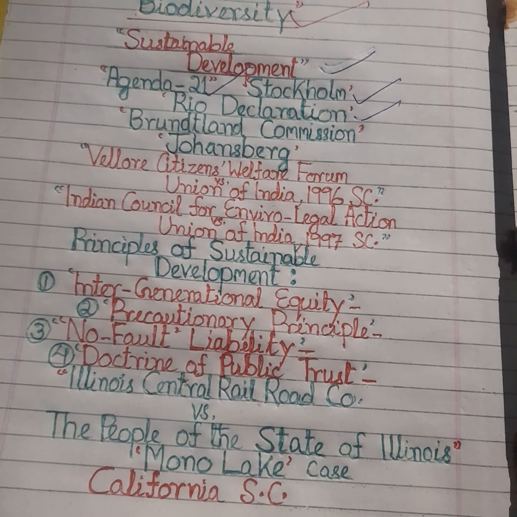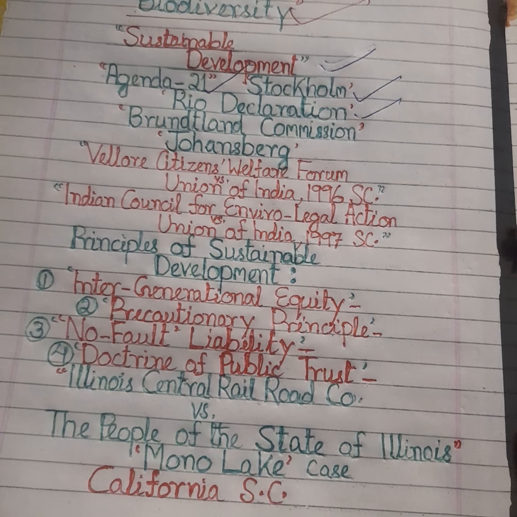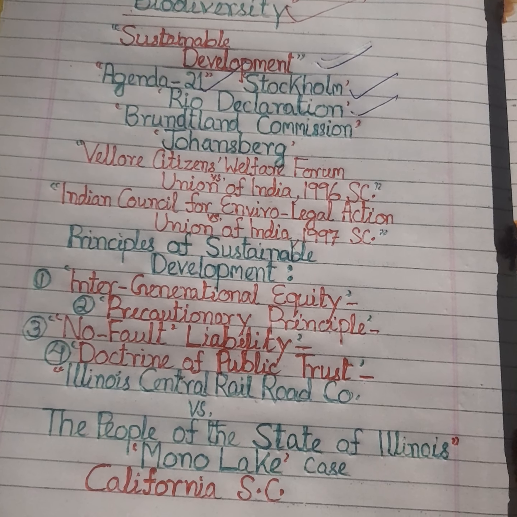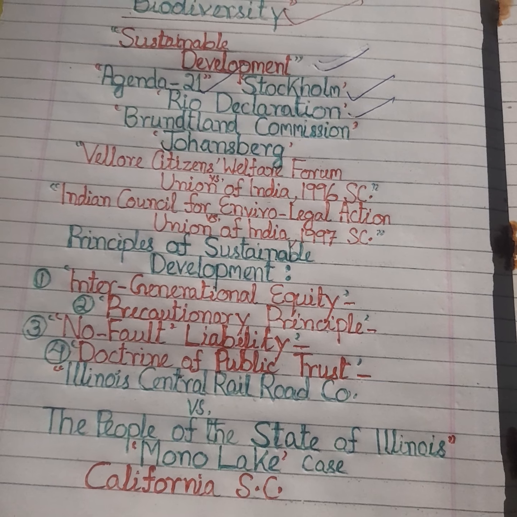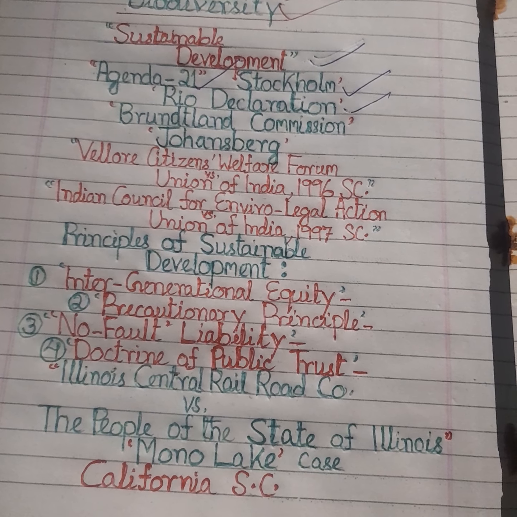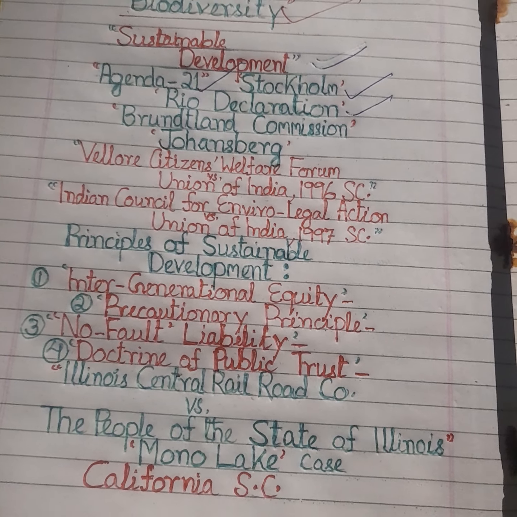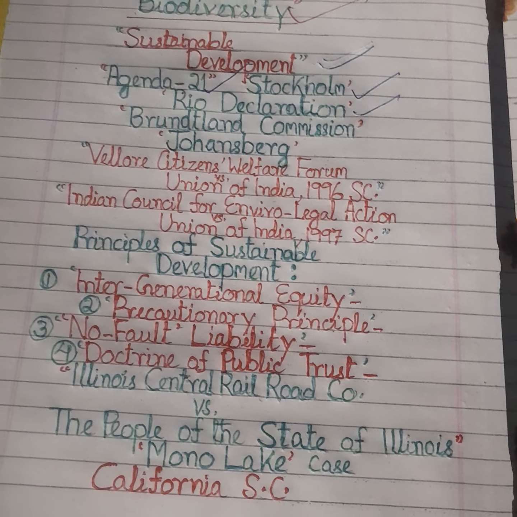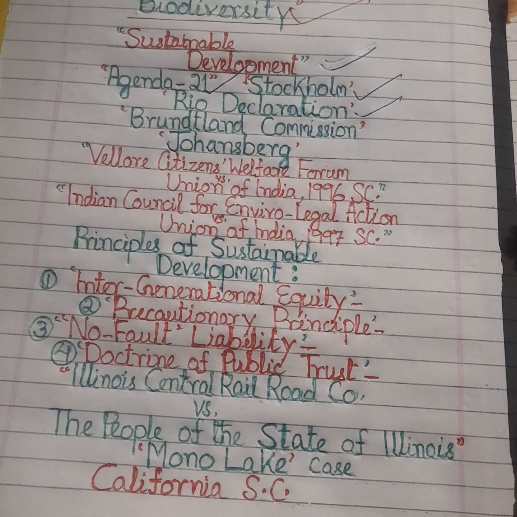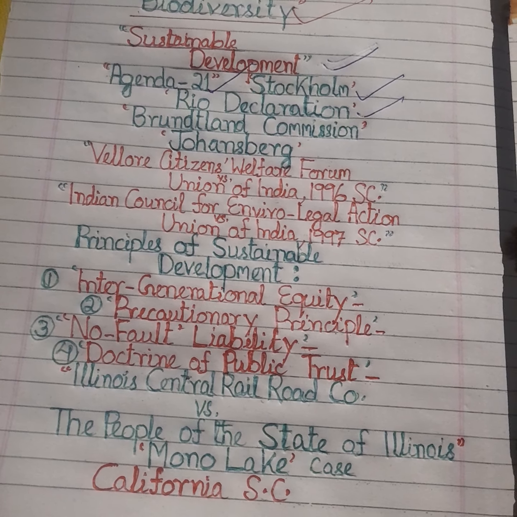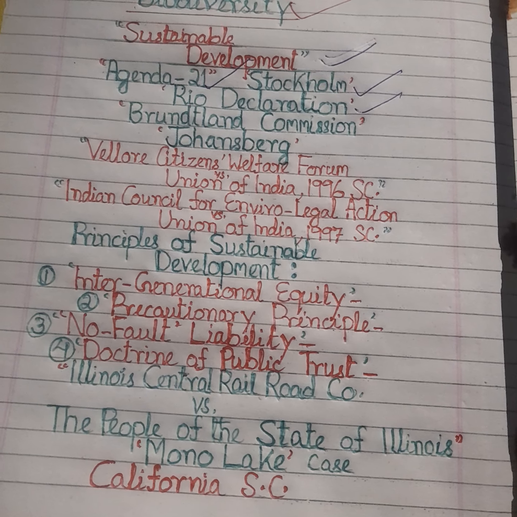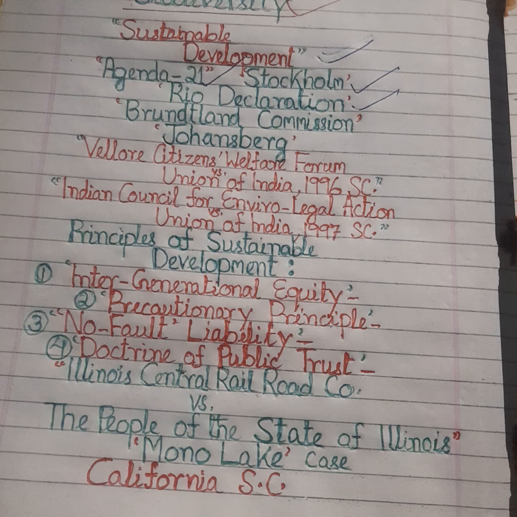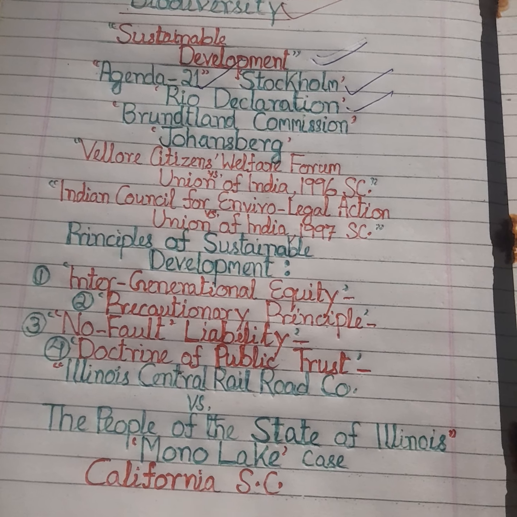The second is that human beings have fundamental and equal rights of access to resources. The third is that every life form needs respect independently of its worth to people.